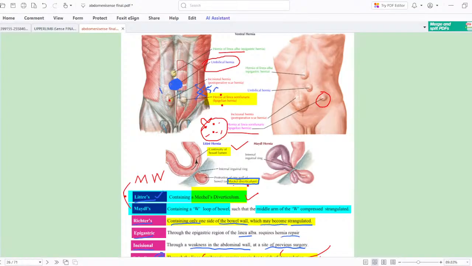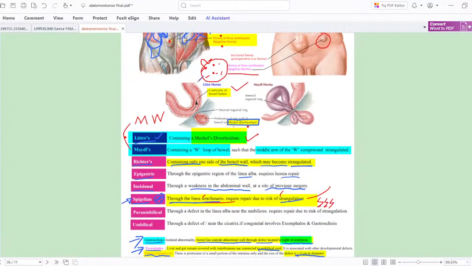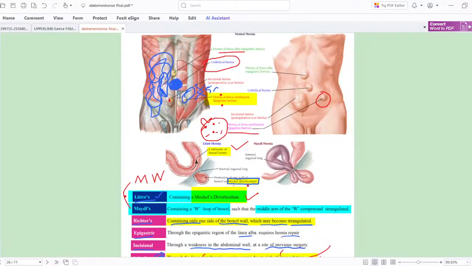But if the hernia occurs through here, then it will be gastroschisis, and it will be very large. All the bowel will be outside of the abdomen, and there will be no covering. You can see the liver here, you can see the spleen here, everything outside. This one is gastroschisis. Exomphalus and omphalocele are both the same.